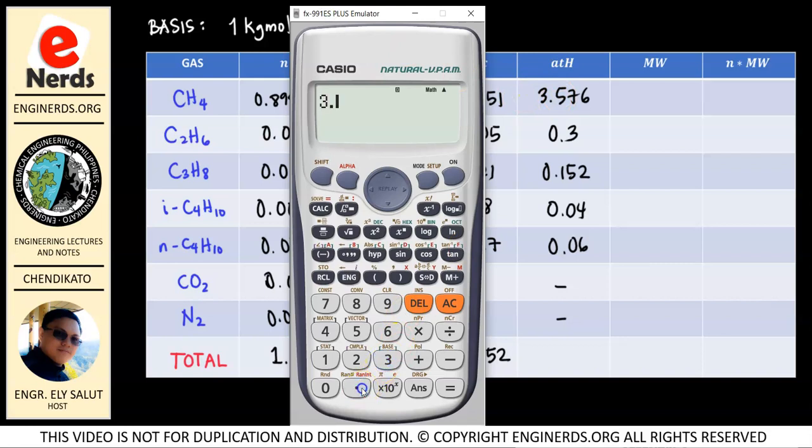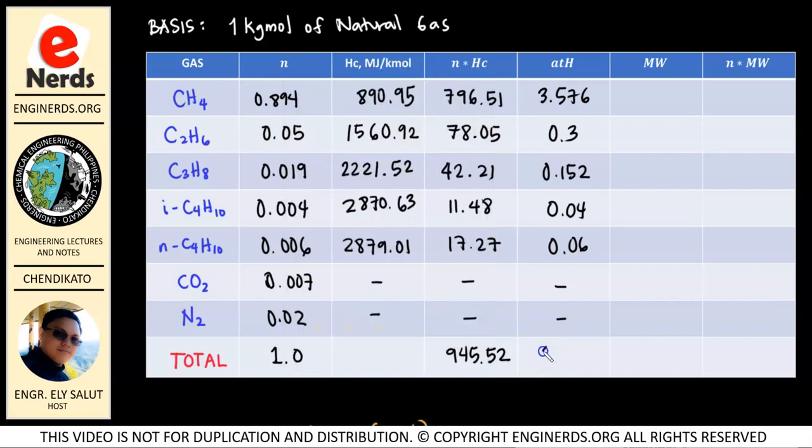So we have 3.576 plus 0.3 plus 0.152 plus 0.04 plus 0.06. So total natin 4.128. Okay, so that's our total. 4.128.